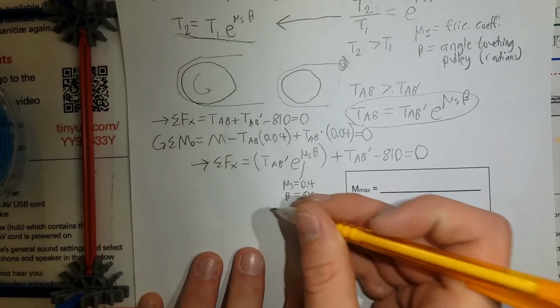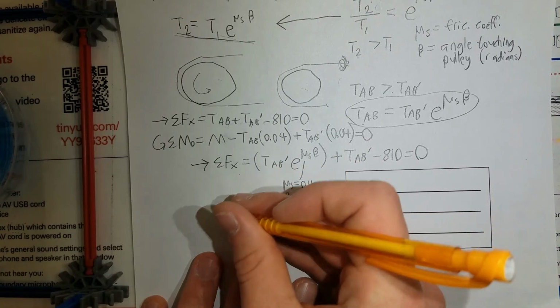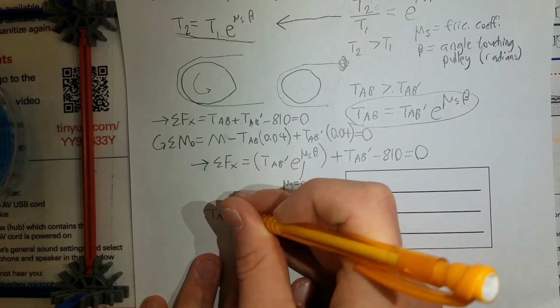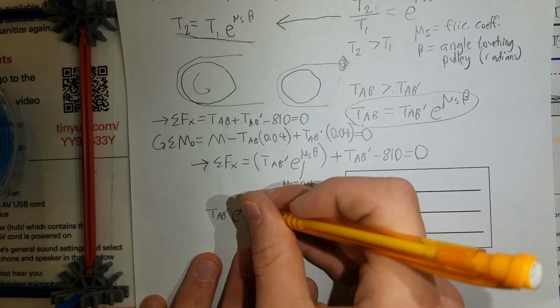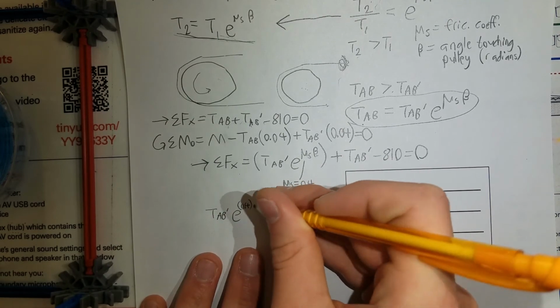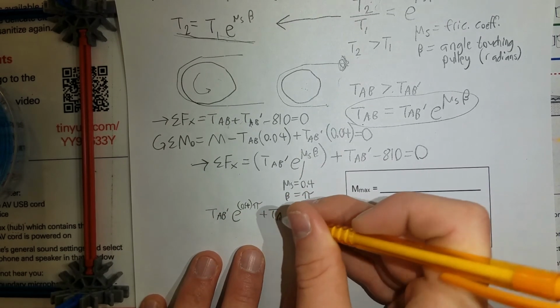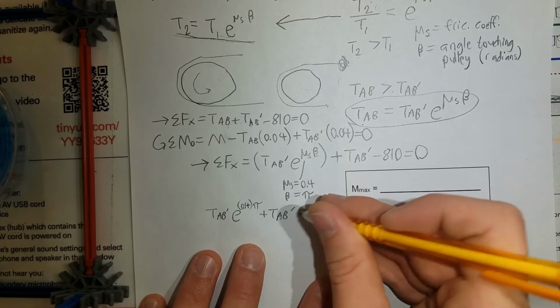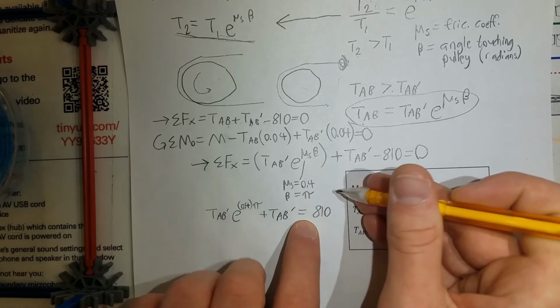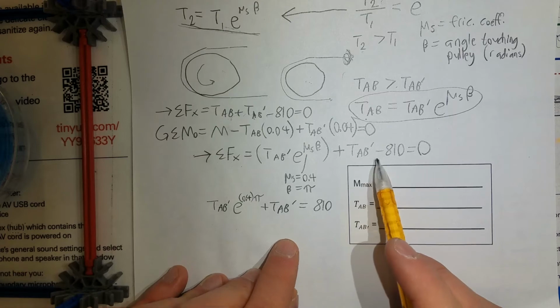And so I'm going to rewrite the equation one more time with our known values in there. So we've got TAB prime times e^(0.4 pi) plus TAB prime is equal to 810. And that's just rewriting that.